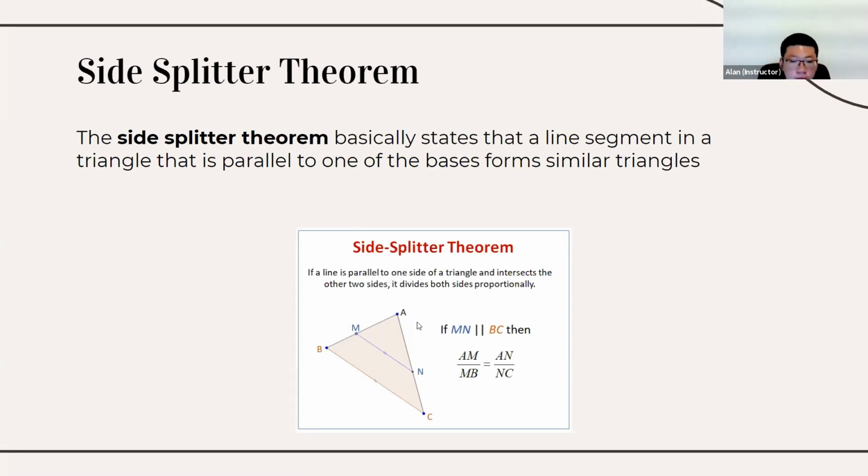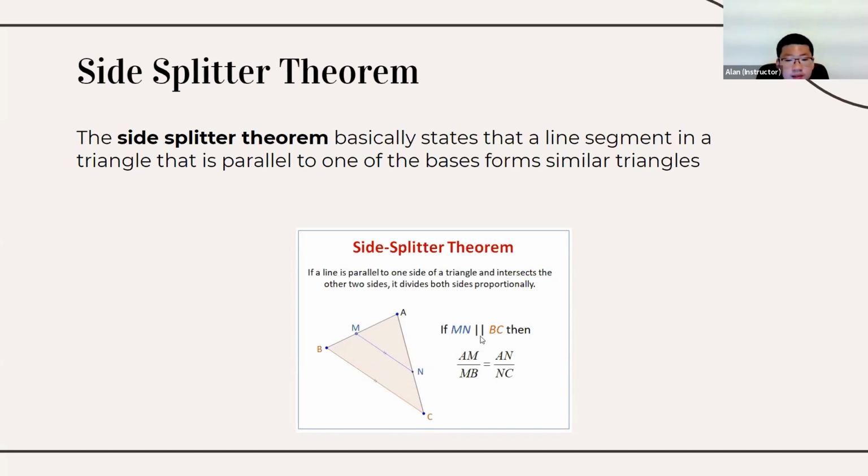Then ABC is going to have equal measure to AMN, because MN and BC are parallel, and so AB is going to act as a transversal. And so they're going to be equal angle measure. The same thing goes for ANM and ACB. So by AAA, you can see that these two triangles are similar.